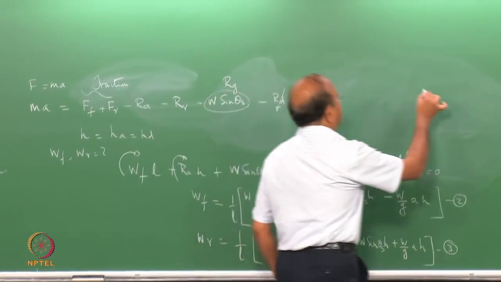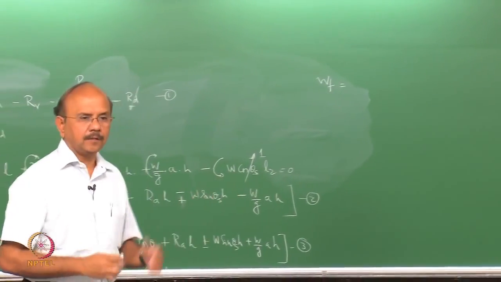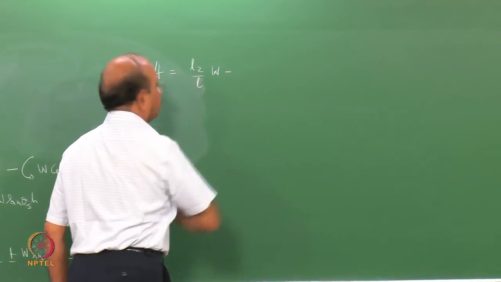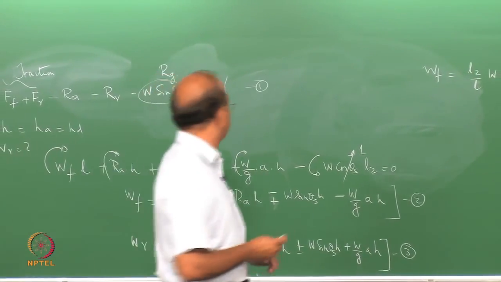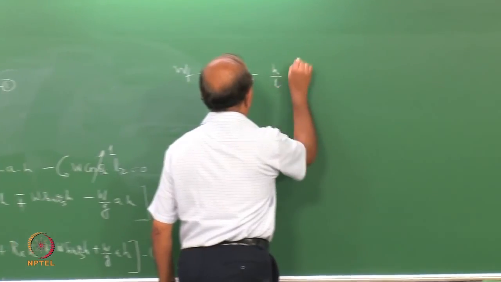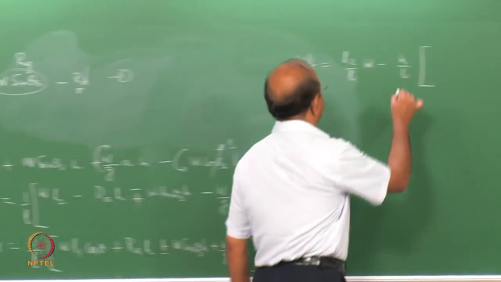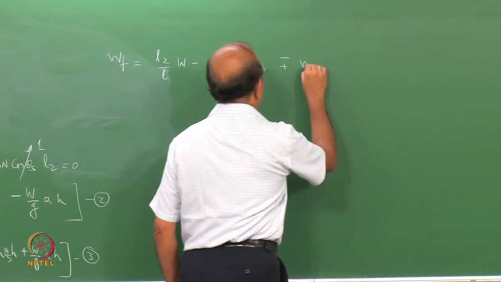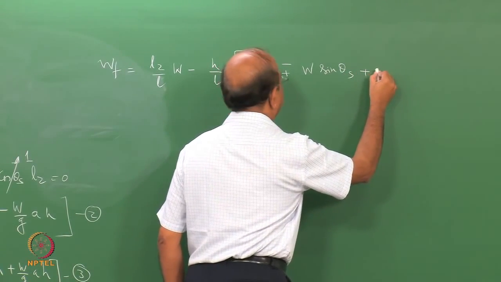So I'll write down that as W L f is equal to, I'll take the first term, L2 by L. So I'll put a minus sign there, minus h by L into, let me write down the rest of them, RA plus.